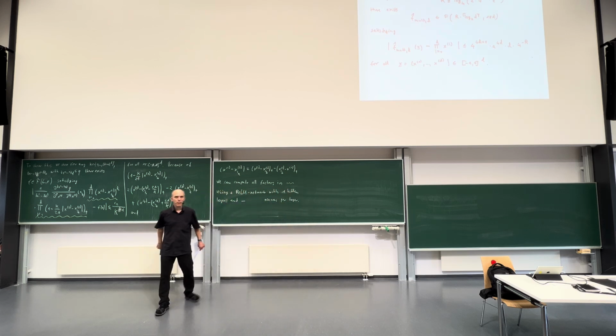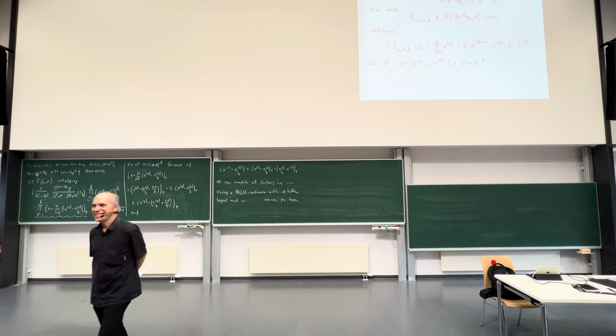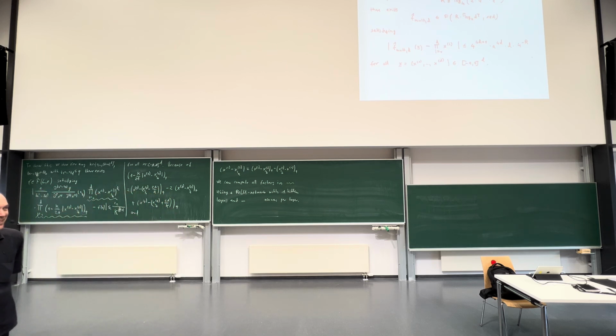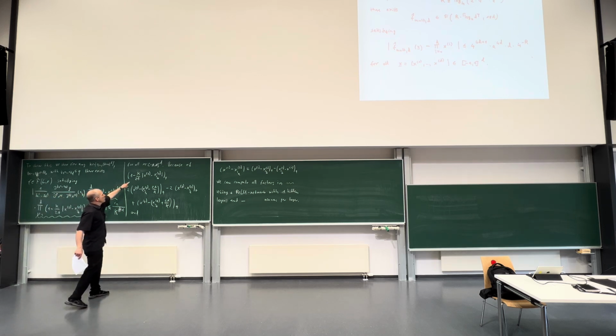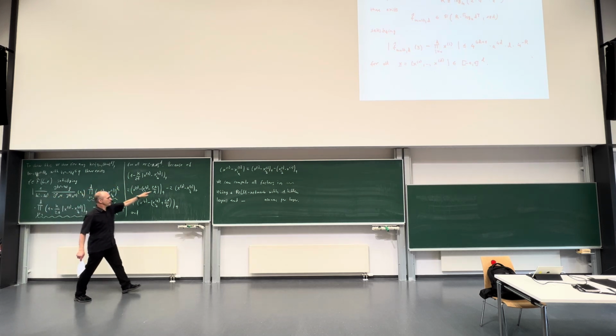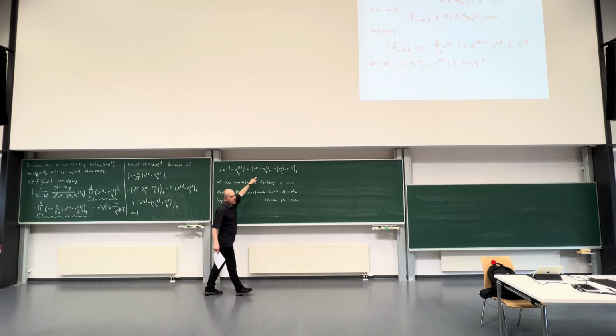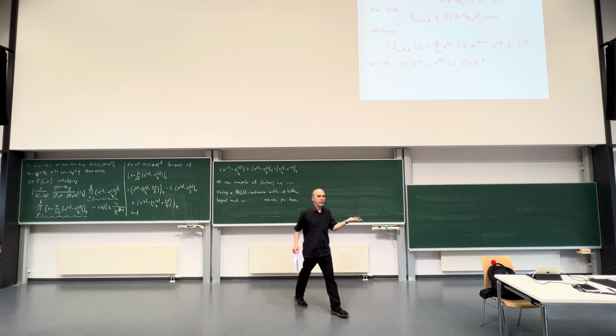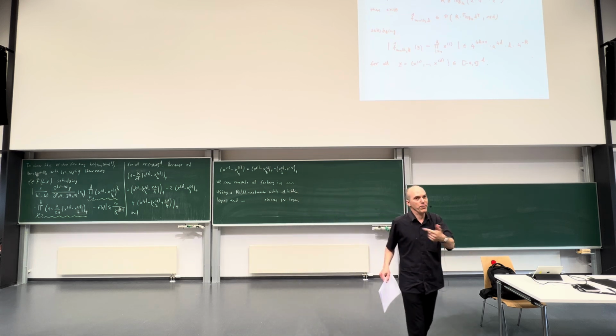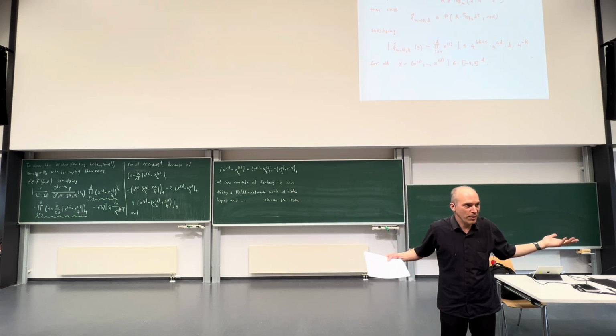Correct. And now the more difficult question is, how many neurons do we need? Well, you see, how many neurons do you need to compute one of these factors? 1, 2, 3. How many do you need for one of these factors? 2. Now you have to count how many do you have from the first one, how many do you have from the second one, and multiply.